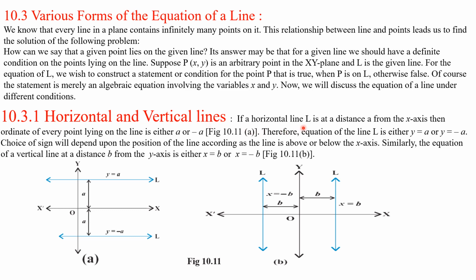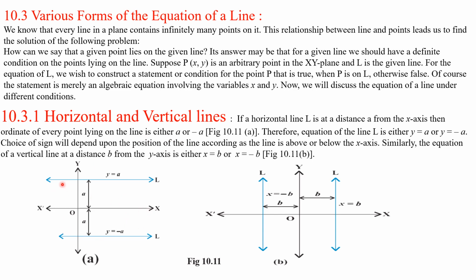If a horizontal line L is at a distance a from the x-axis, then the ordinate of every point lying on the line is either a or minus a. See the figure 10.11a. Observe this figure.